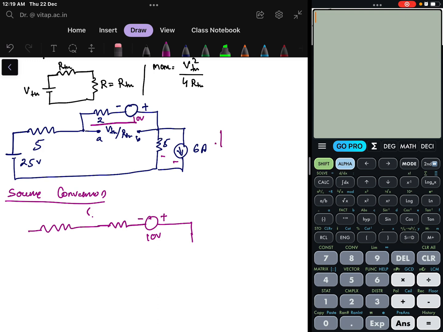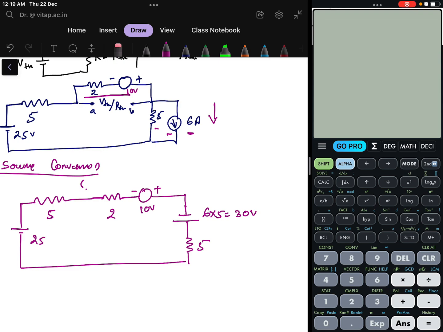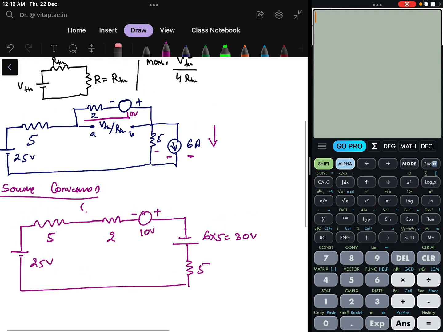The current direction is like this, that means the negative terminal will be here and the positive terminal here, and this value will be 6 into 5, that is equal to 30 volt, with the resistance in series being 5. This resistance is 5 and this resistance is 2, and the voltage source is 25 volts. The terminals are here and here, and we have to calculate the VTH across this terminal.